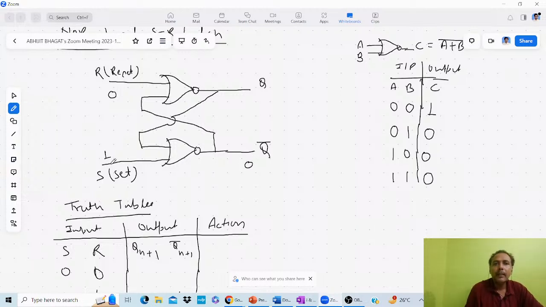since S is 1. Now when this Q bar is 0, this is one input of this gate. So here this is 0. So R is 0, this is 0. So 0, 0, your output will be 1.